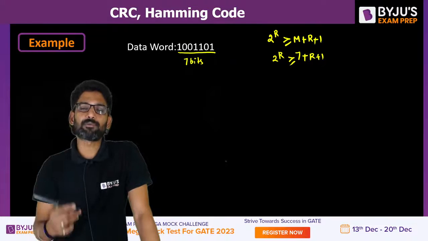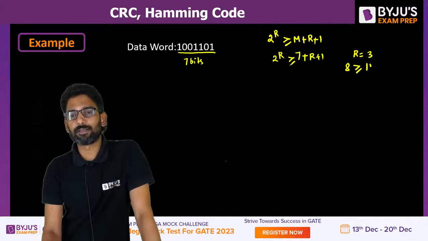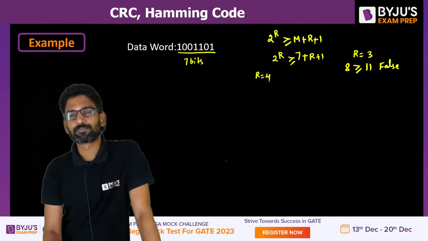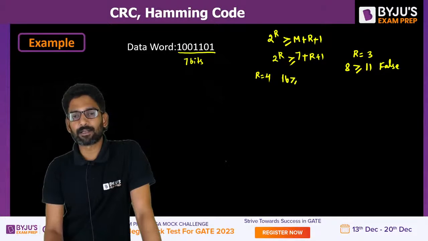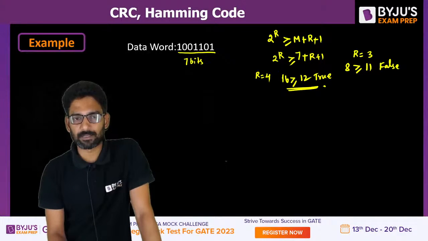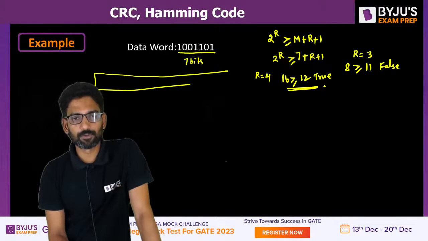For what r value does this satisfy? If I take r as 3, 8 greater than or equal to 11, false. If I take r as 4, 16 greater than or equal to 12, true. So the minimum r value we have to take is 4, so a minimum of 4 redundant bits are required. So now you have to arrange these data bits and redundant bits.